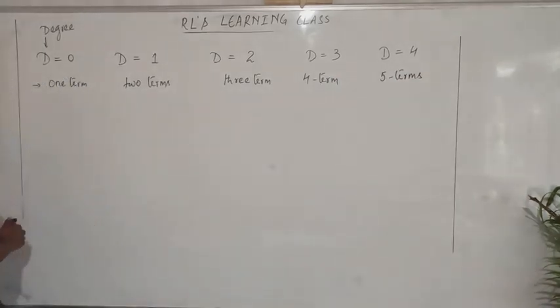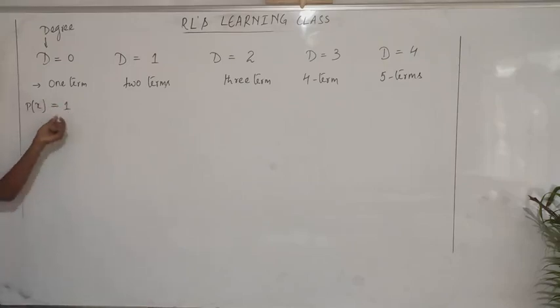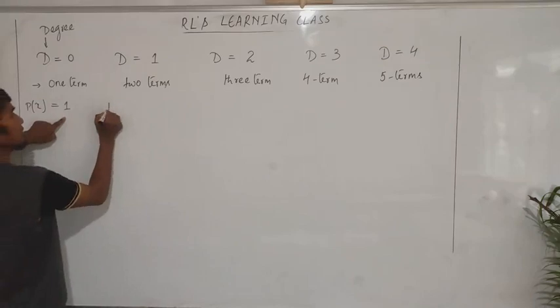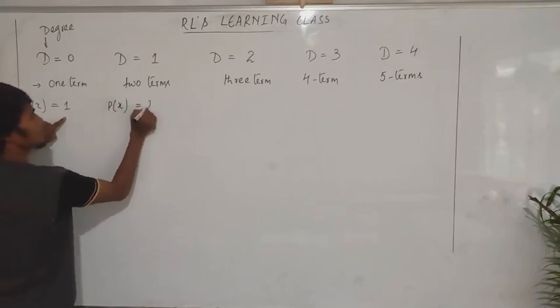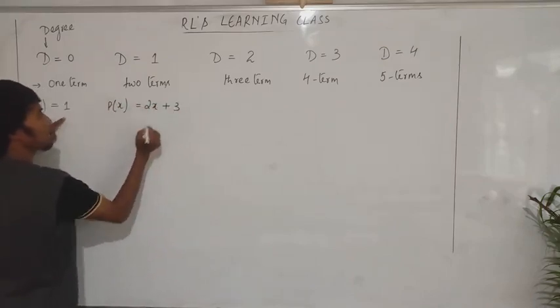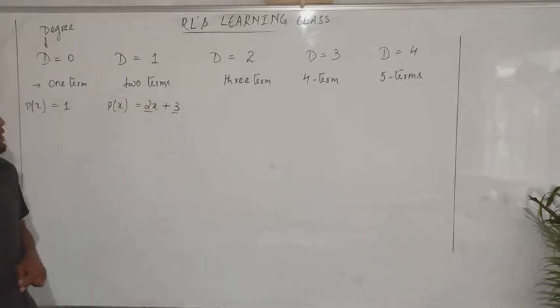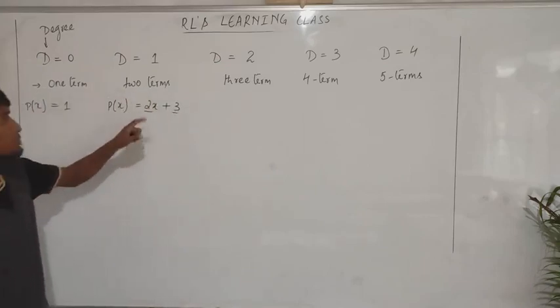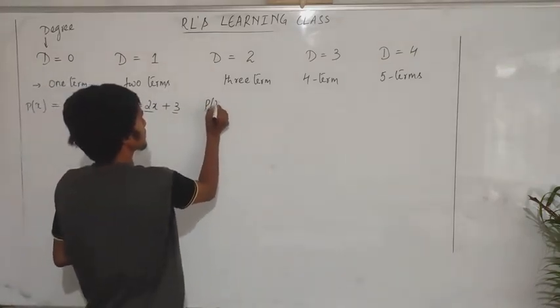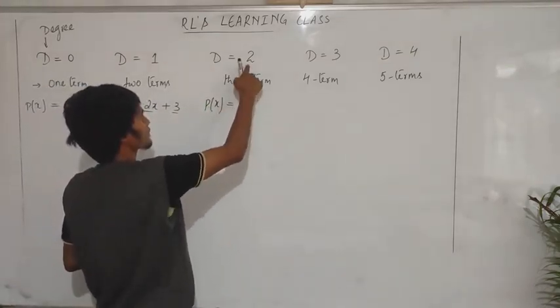So what's the meaning of one term? Example like this. P of x is equal to 1. Here is only 1. So that will be one term. And here P of x I can write as 2x plus 3. How many terms here? 1, 2. That will be 2 terms. Then next, P of x, here will be 3 terms.